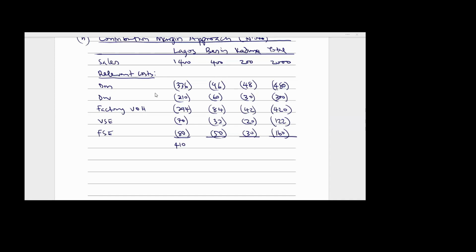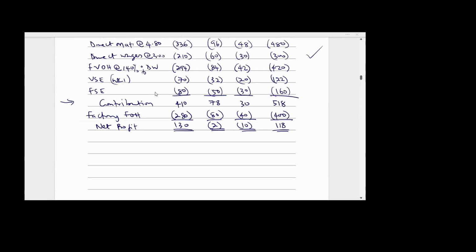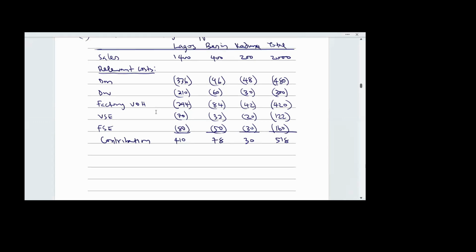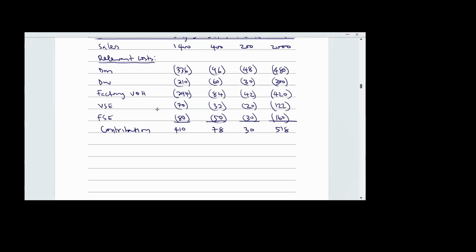So that is 410. After 410, we have 7830, then 518, which represents contribution margin. This is contribution margin. So like I said, because the examiner wants us to use the contribution margin approach, this is where you are going to stop for each of the depots.